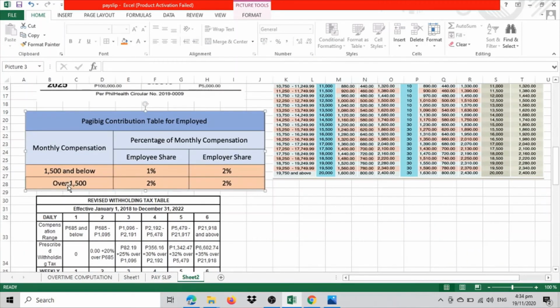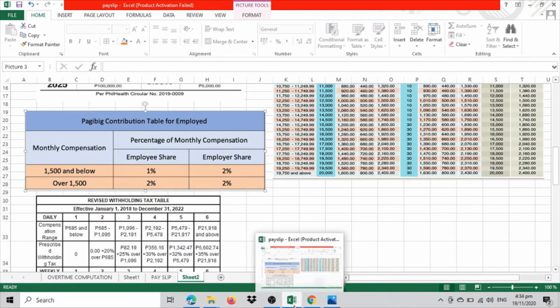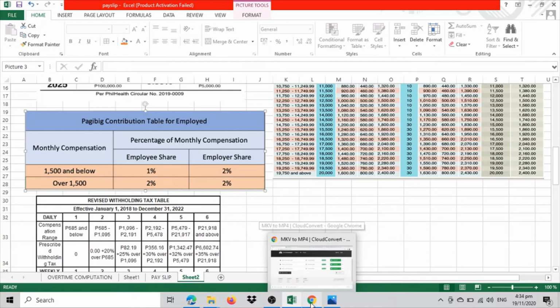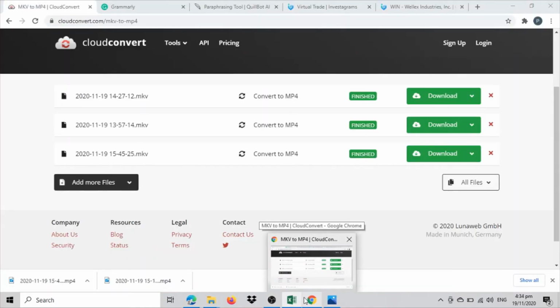What about Pag-ibig? So based on our contribution table, over 1,500, that's 2% employee share. The ceiling for the Pag-ibig contribution is 5,000.